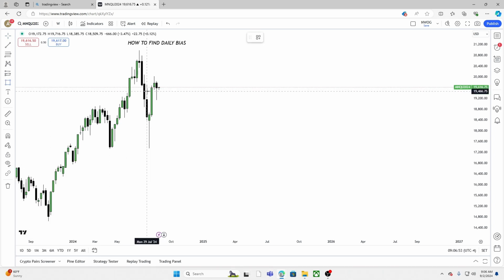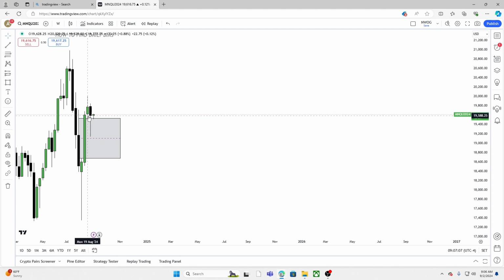So we have an inefficiency here that price ran into last week. We ran down into the inefficiency, failing to get the consequent encroachment, and then we traded back higher, closing above the fair value gap high, the BISI high.